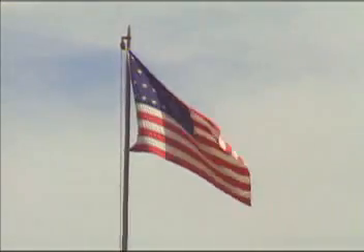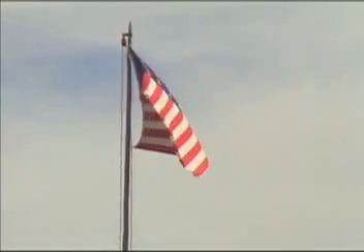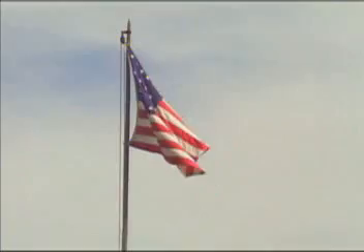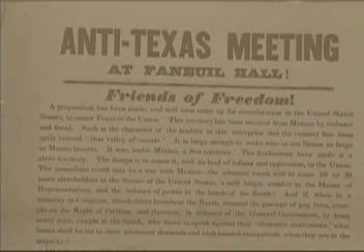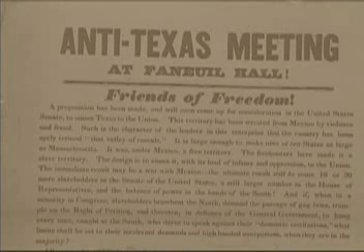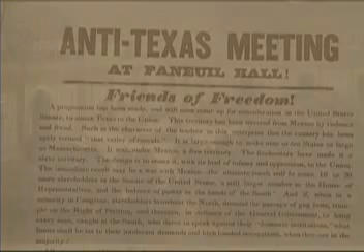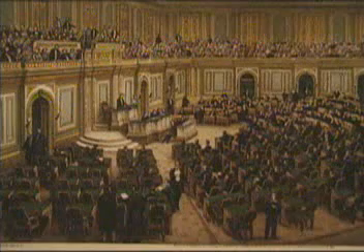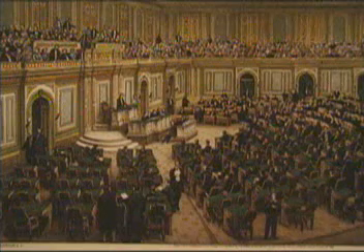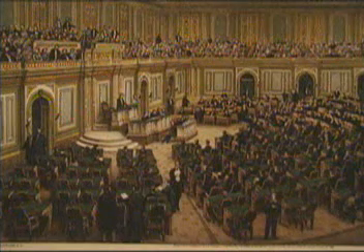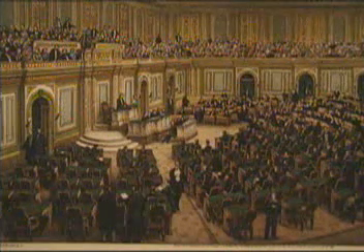They wanted to join the United States, a plan that Mexico was dead set against. There was also great opposition to Texas from northern free states who didn't want a new slave state in the Union. Nevertheless, in 1845, Congress voted in favor of Texas statehood, and when this happened, Mexico cut off its relations with the United States.